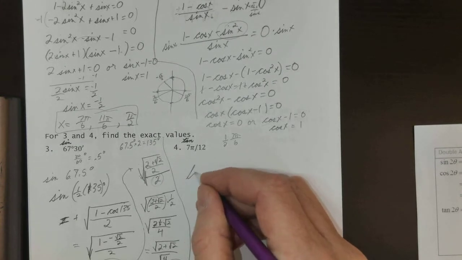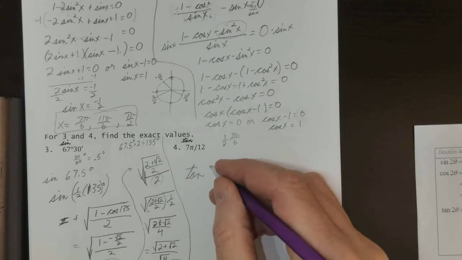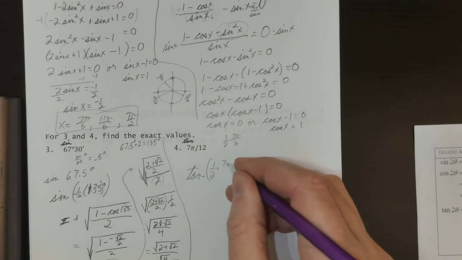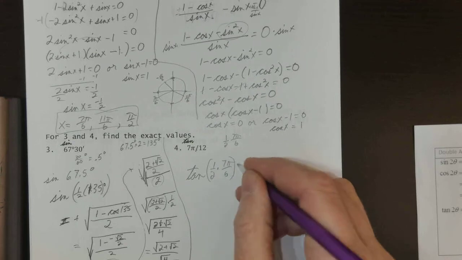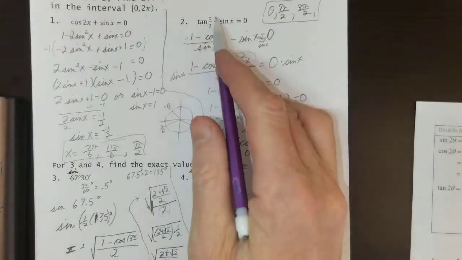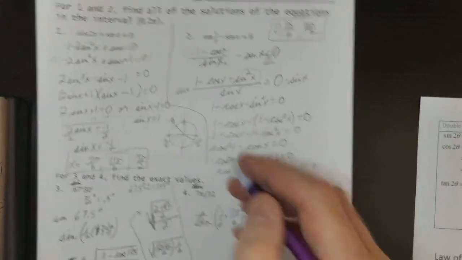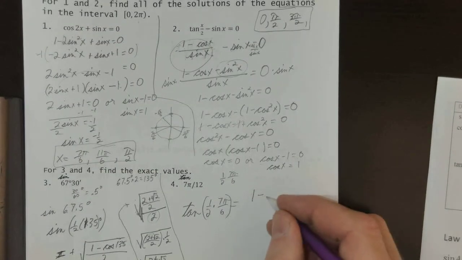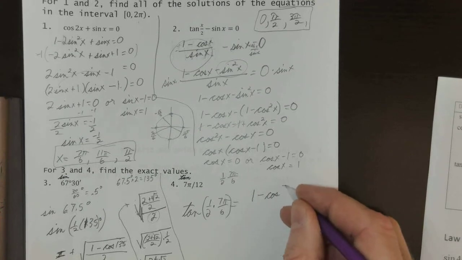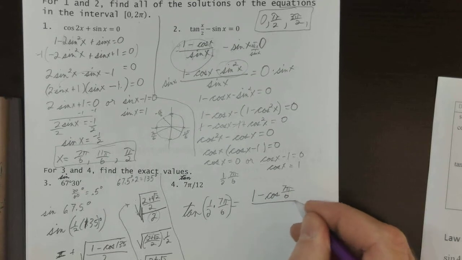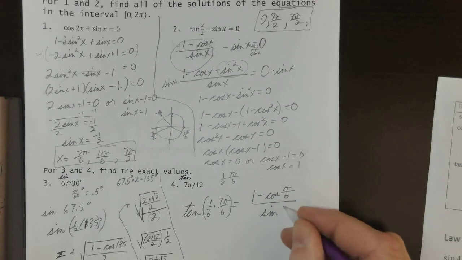So the tangent of 1/2 times 7 pi over 6 is equal to, I've already done a half angle here, I'll just keep the one we did up here, 1 minus cosine of 7 pi over 6 over the sine of 7 pi over 6.